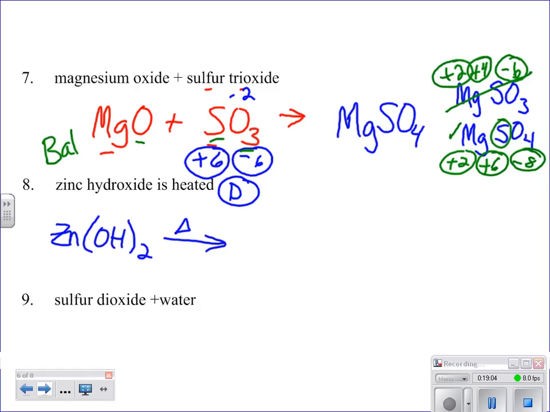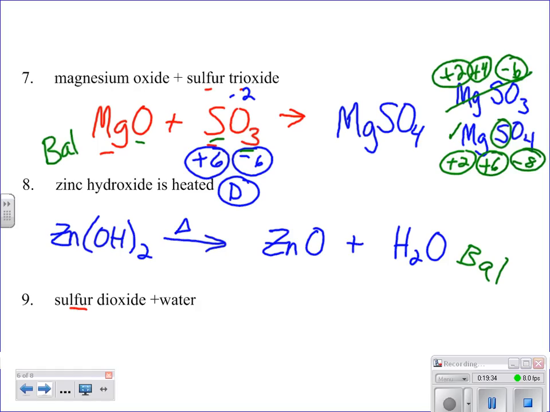Which number? 4? So metal hydroxides form metal oxides plus water. So it's going to form zinc oxide plus water. Zinc oxide, plus 2 minus 2, plus water. That's it. And then it is balanced.